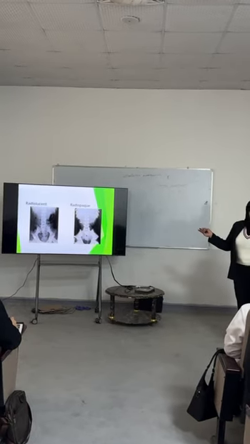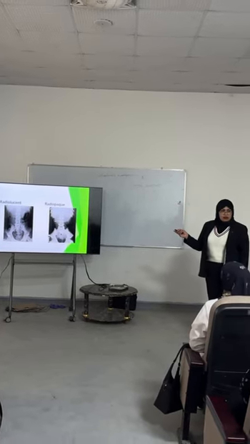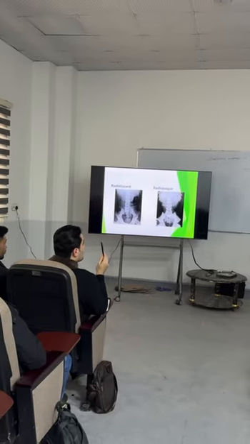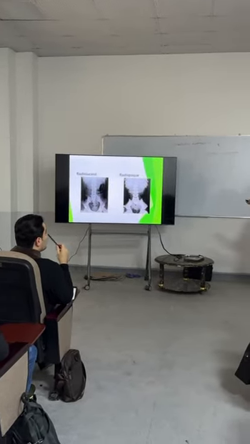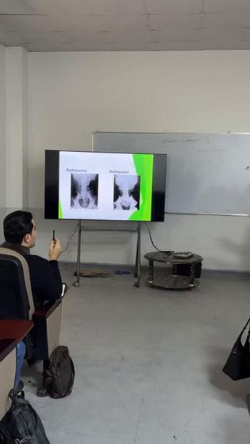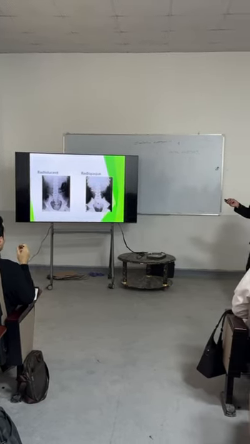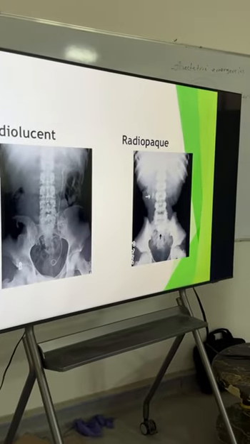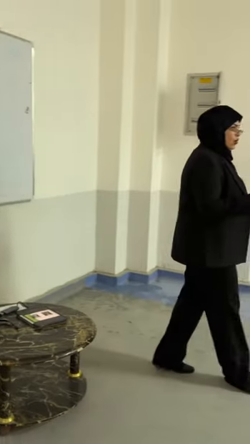And now, regarding these two images, who can explain this for me? At the left side, who can? X-ray, okay. X-ray of what? KUB, yes, KUB. Pelvic renal area. From where to where does the kidney extend?